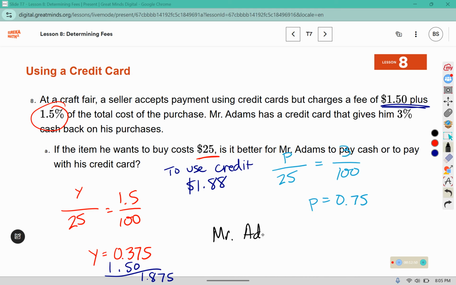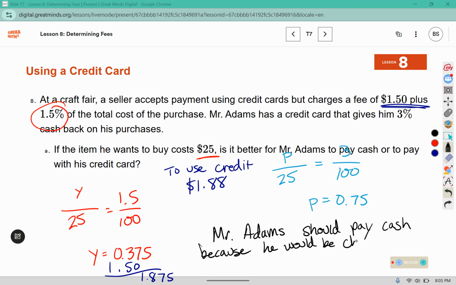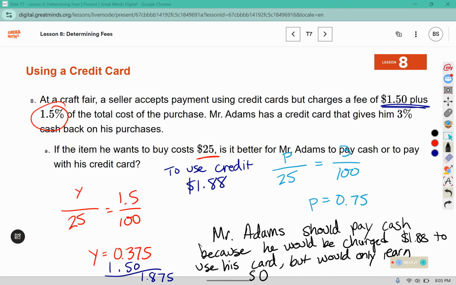Mr. Adams should pay cash because he would be charged $1.88 to use his card, but would only earn 75 cents in cash back.